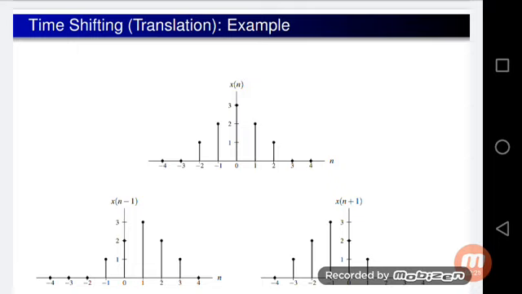So everything is possible with the help of time shifting or translation, to convert the signals from one form to another form, or one medium to another medium. So that's why we are using time shifting or translation.